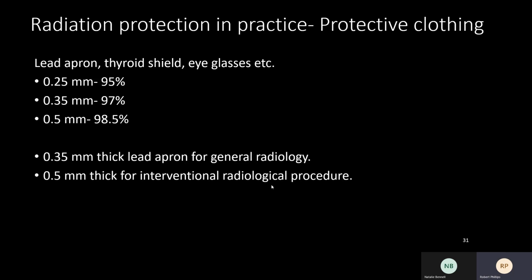A 0.35 millimeter thick lead apron is used for general radiography, which will reduce X-rays by 97%. Whereas 0.5 millimeter thickness is used for interventional radiology. It will reduce the intensity of X-rays by 98.5%.